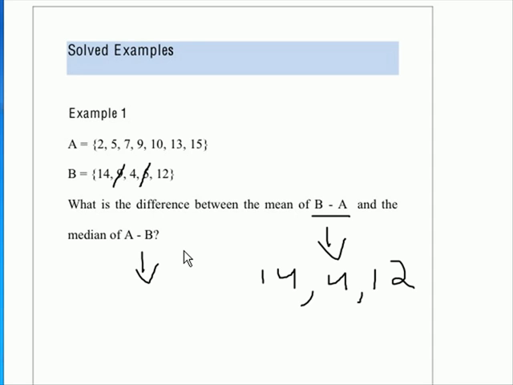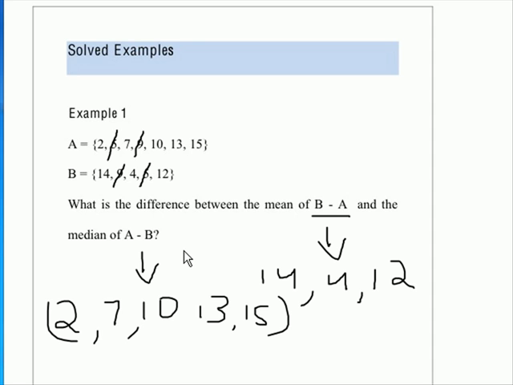And similarly A minus B would be: 14 is not in A, 9 is in A, so I take out 9. 4 is not in A, 5 is in A, so I take out 5, and 12 is not in A. So what I have remaining is 2, 7, 10, 13 and 15.